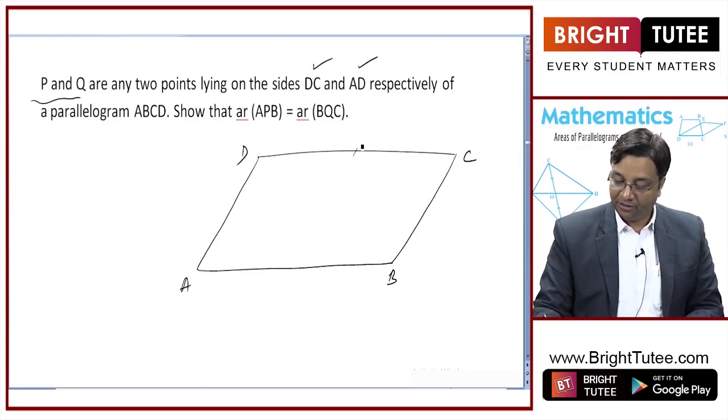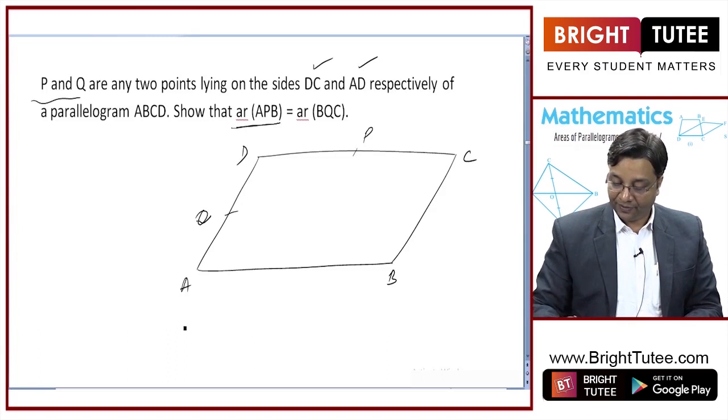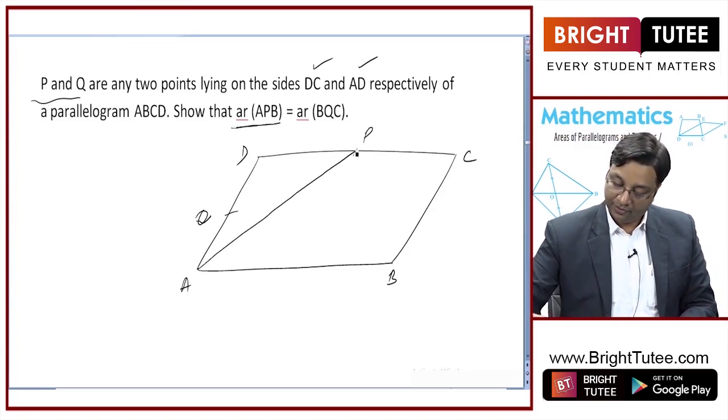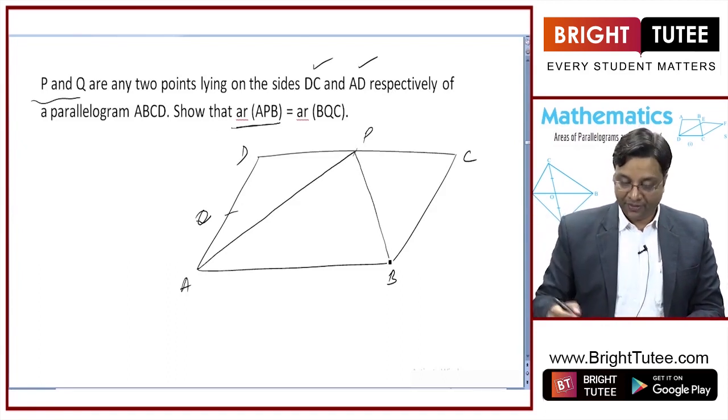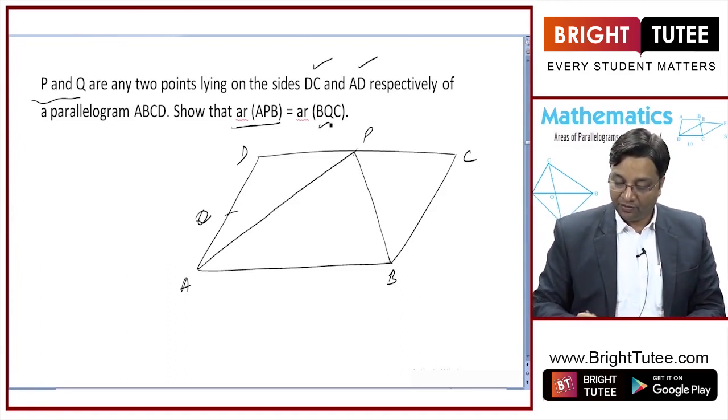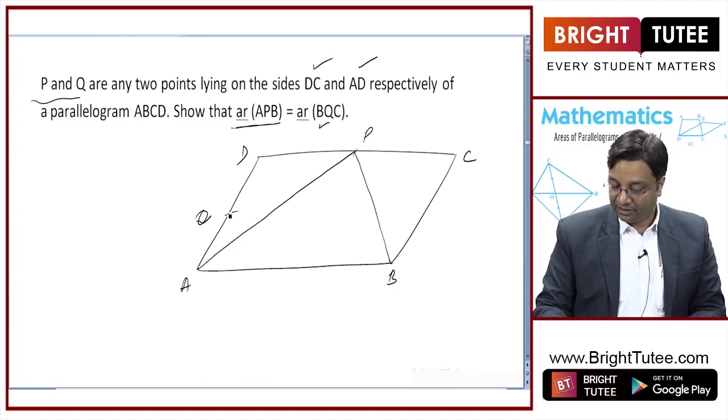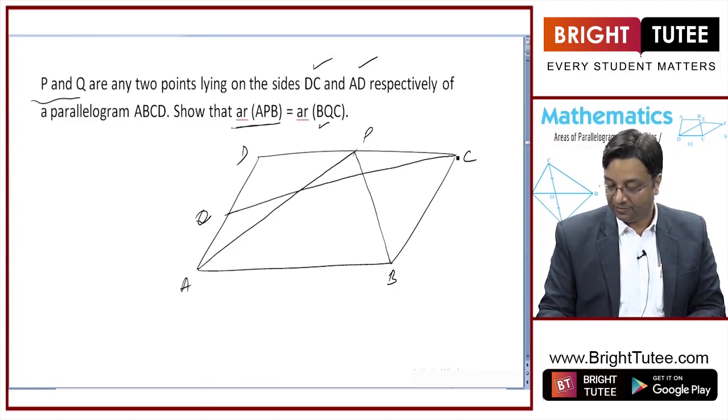So, P is lying on DC and Q is lying on AD, right. Show that area of APB, that is this area, area of triangle APB is equal to area of triangle BQC, that is this triangle.